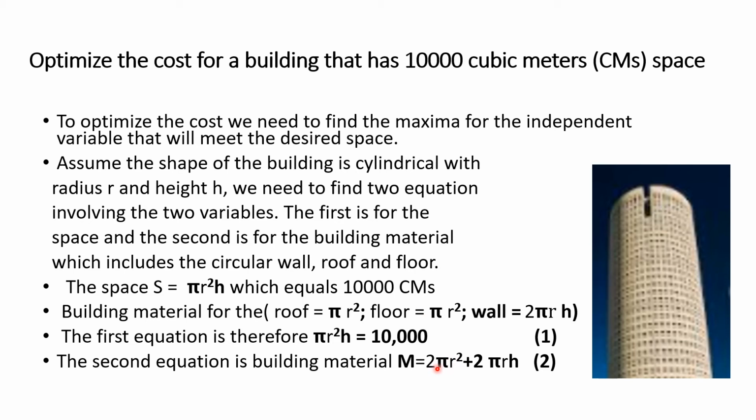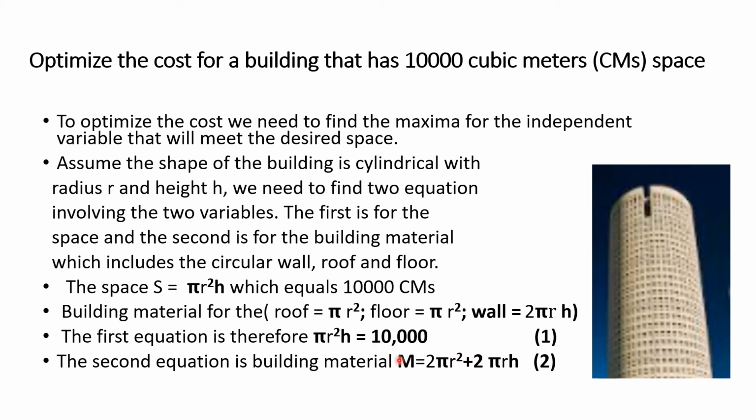them together. So 2 pi r square plus 2 pi r multiplied by h. 2 pi r square is for the roof and the floor, where 2 pi r is giving us the circumference and h will give us the height. So these are the two equations.